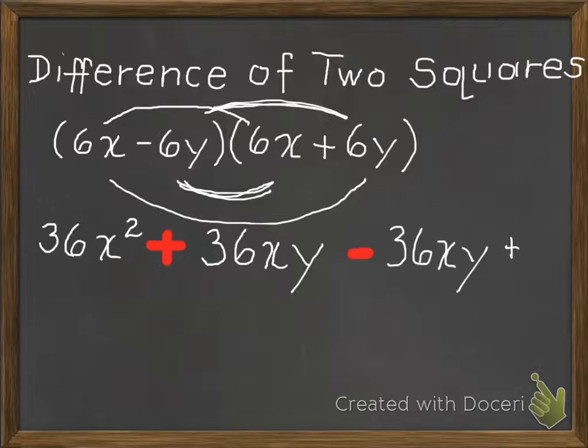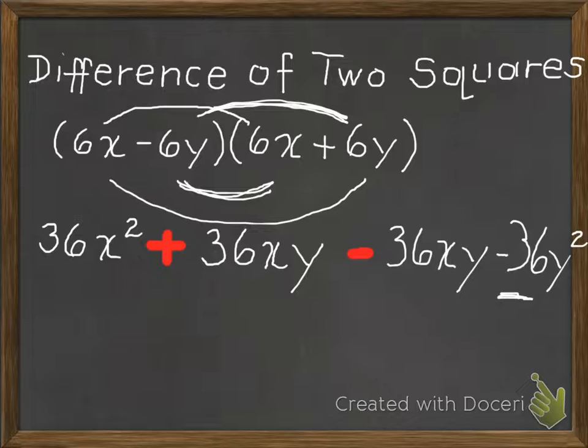Again, that's different signs, so we get a minus 36y squared.